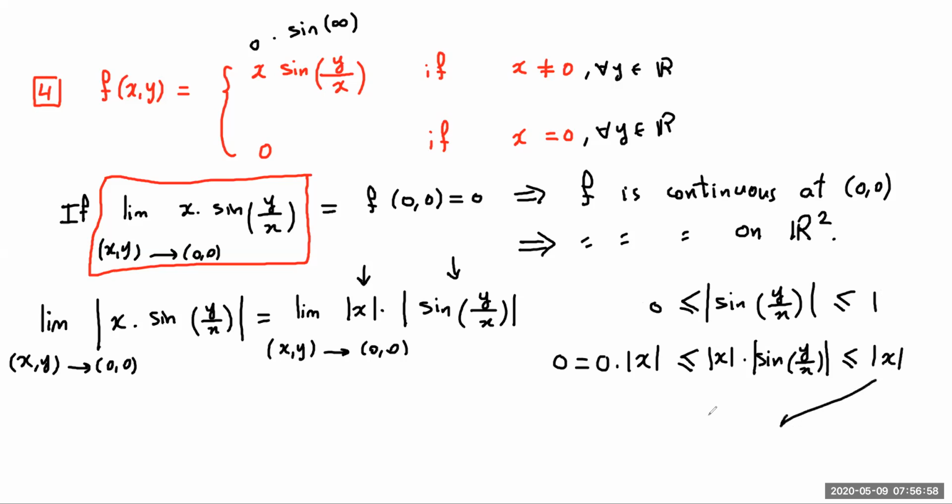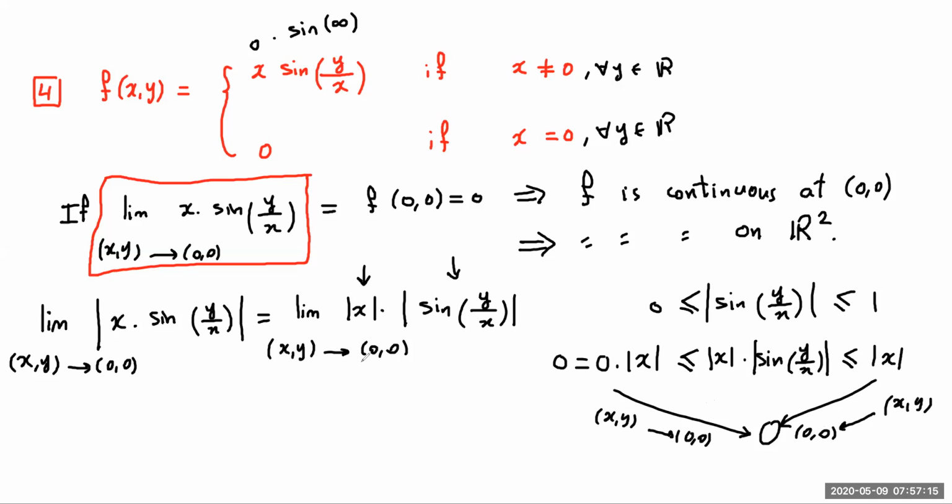Now what is the limit of this term on the right and on the left when x, y approaches 0, 0? The answer is 0.